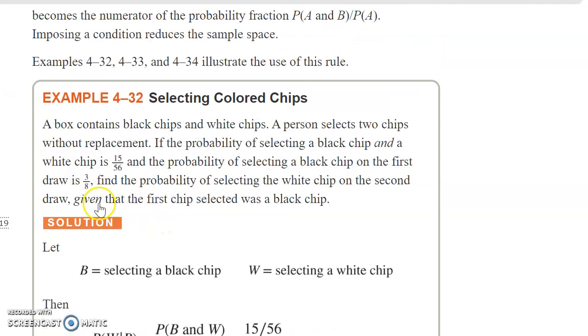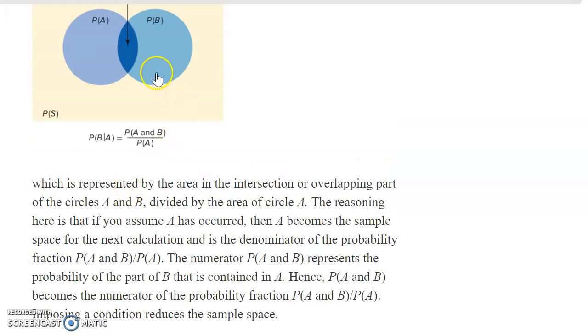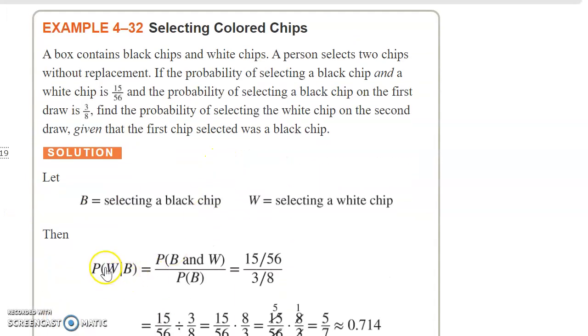The probability of the second event given the first event occurs. So that's the probability of getting a white given that the black has occurred. And I wish this guy would not switch the notation, but he did. So the probability of getting a white given that you've already selected a black, well, the probability of getting a black, that's always in the denominator.